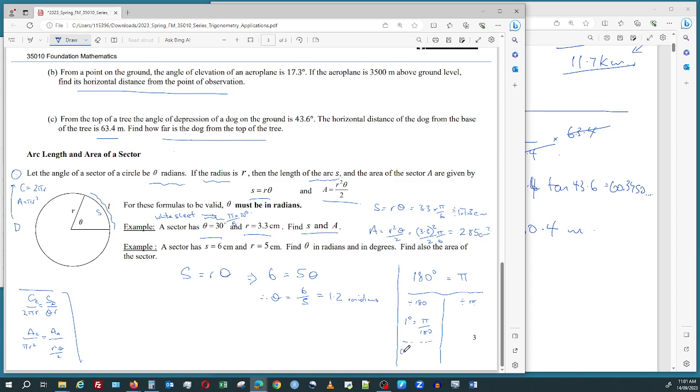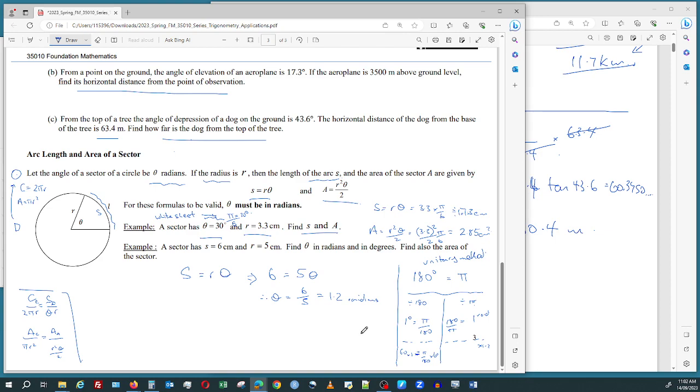That's taught at school as the unitary method. Similarly, 1 radian is equal to 180 divided by pi, and to find out how many degrees 1.2 radians is, you multiply both sides by 1.2.